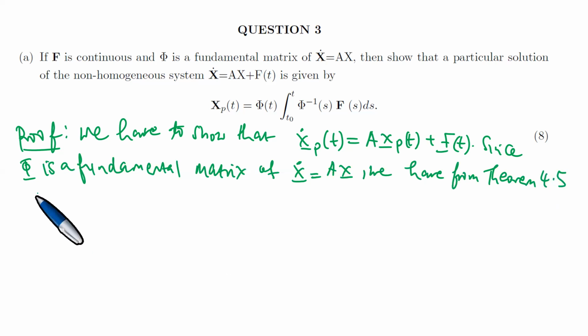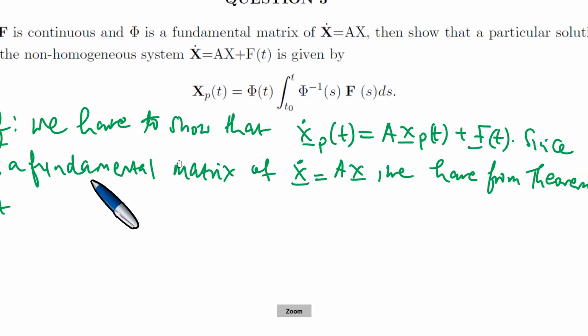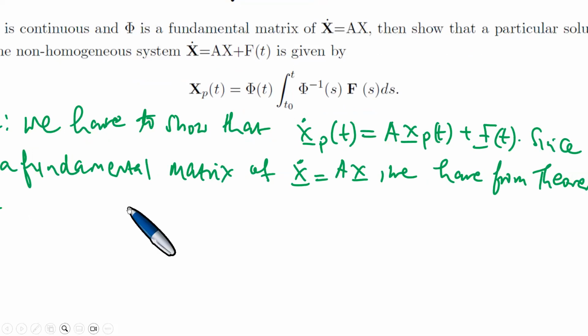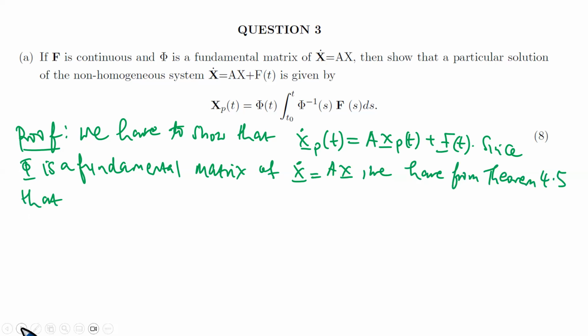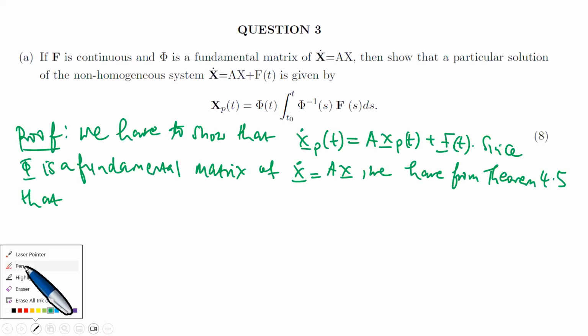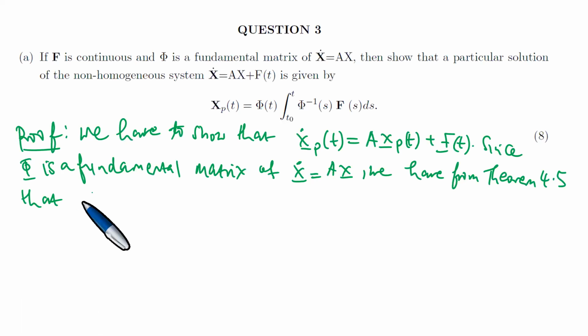We have from theorem 4.5, which follows from the theorem, that we can find the derivative of phi. From theorem 4.5, phi dot of t is actually the same as A times phi of t.